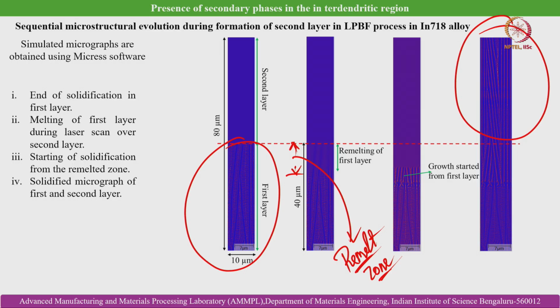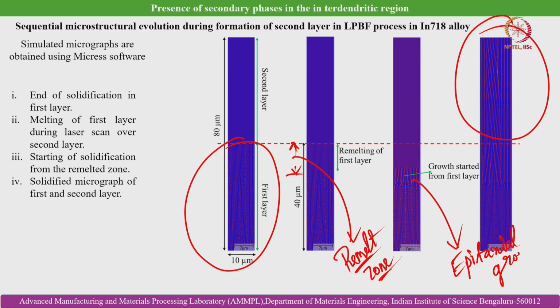So the solidification in the second layer does not start from the initial boundary of the first layer; rather it starts from the remelt zone, and from there the dendrites or secondary arms which are favorably oriented grow epitaxially in the second layer. So, we see the case of epitaxial growth.